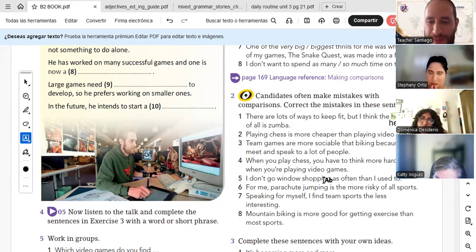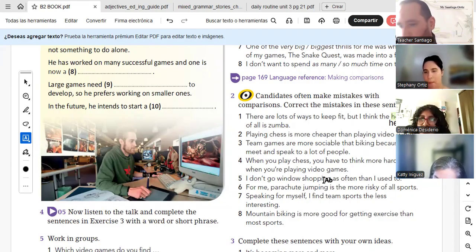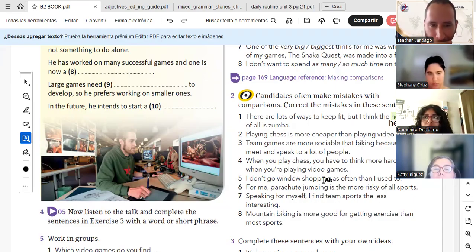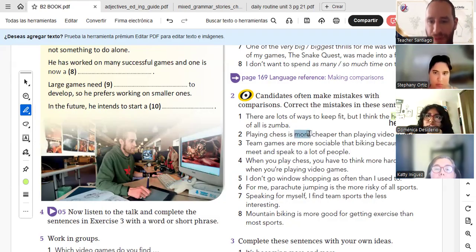Domenica, number 2. Is cheaper than, no more. Again, Domenica, please. What is the mistake? The word more. Is cheaper than. Actually, you're right.